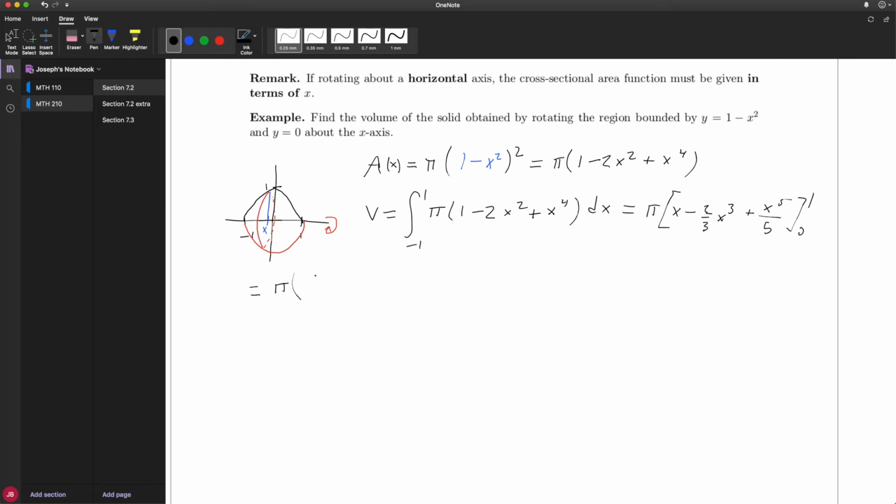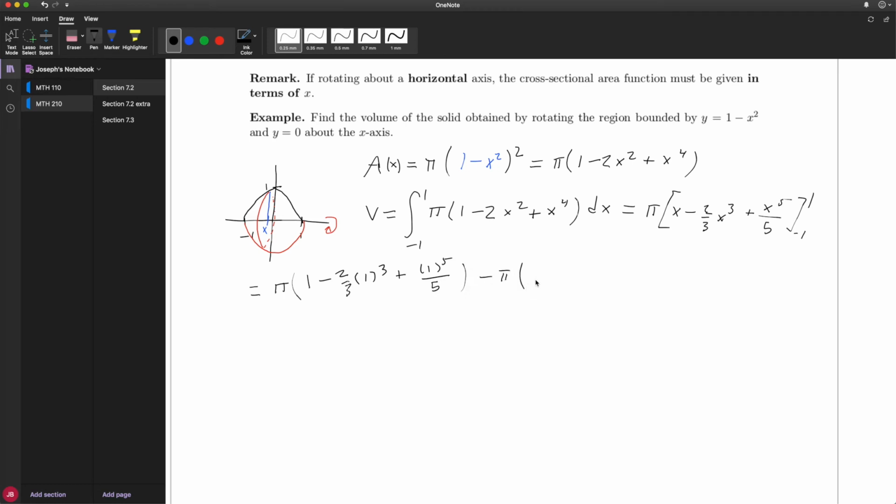Oh, sorry, I'm just realizing something. That should be a minus 1. So the bounds of our region are from x equals minus 1 to 1. Okay, so first we're going to plug in 1, so we get a 1 cubed here, and then a 1 to the 5th, technically, minus parentheses.